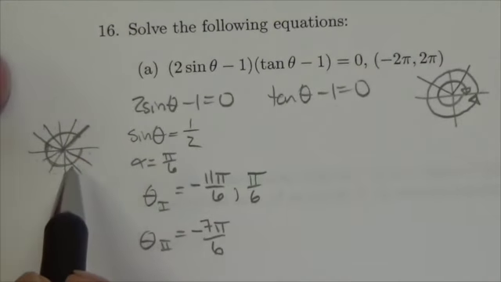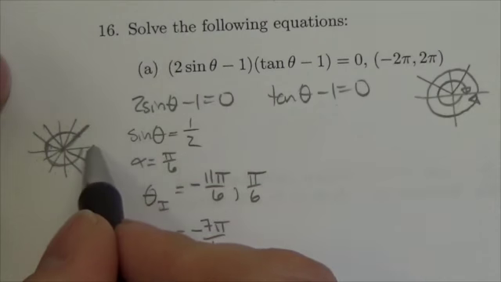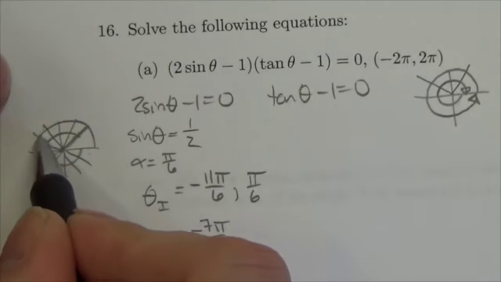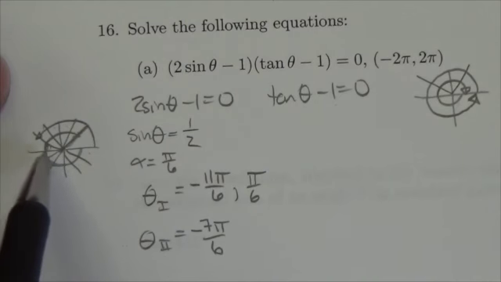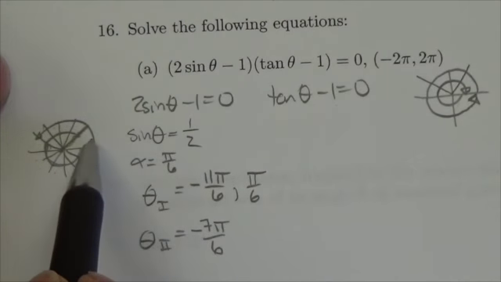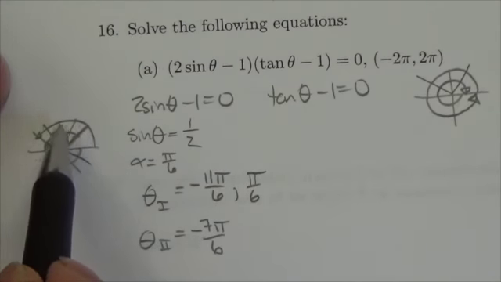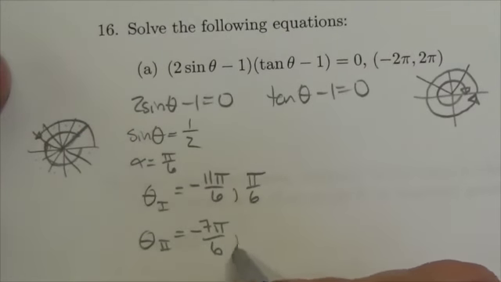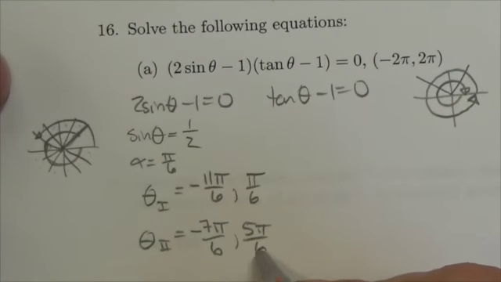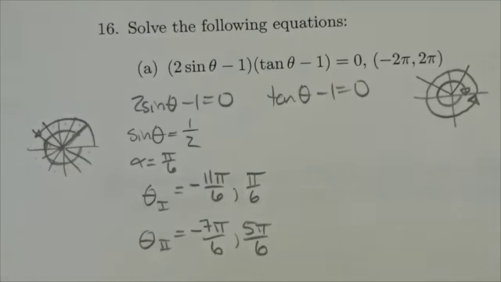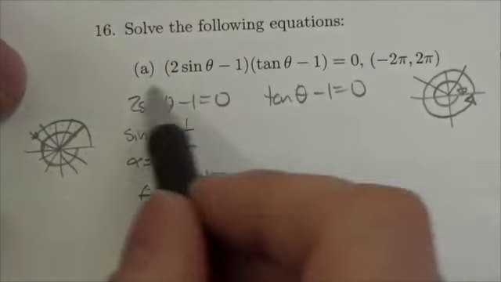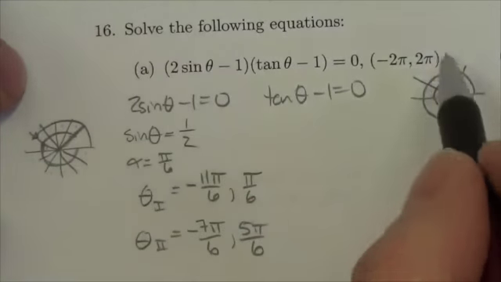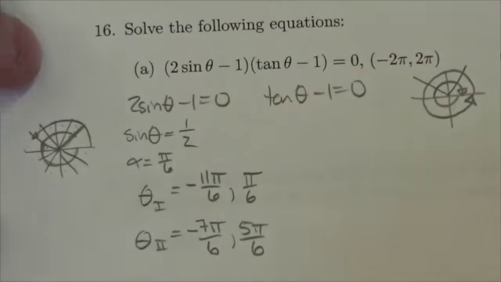Going back to this little diagram here, that would be going from here out to here, so that there's a reference angle of pi over 6 between the terminal arm and the x-axis. And if you count that out, that's 1, 2, 3, 4, 5 pi over 6s to get into the second quadrant. Okay, so those are the 4 solutions that go with this part of the equation and that domain.